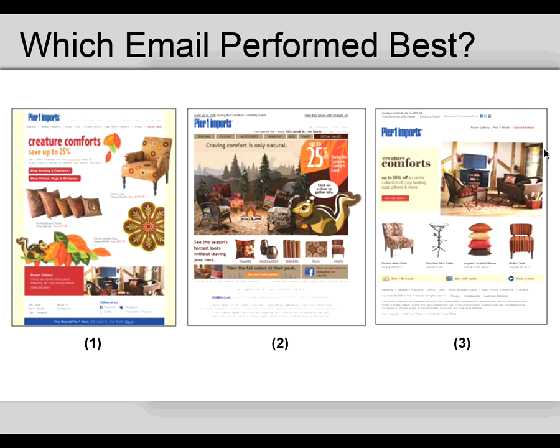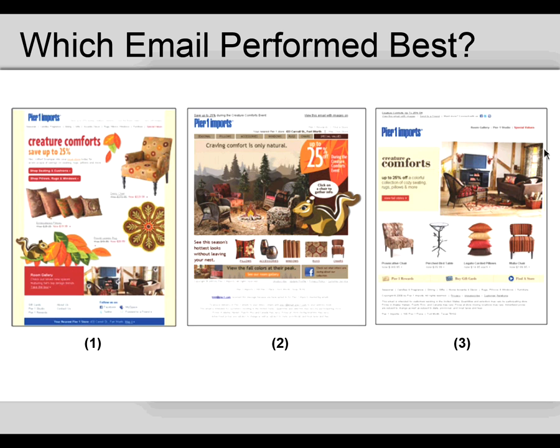And we asked a simple question, just by looking at each of these different emails, which one would you say is the most optimized? Which one represents what you believe to be the most effectively designed email that's designed to drive the most clicks and the most responses to the message?